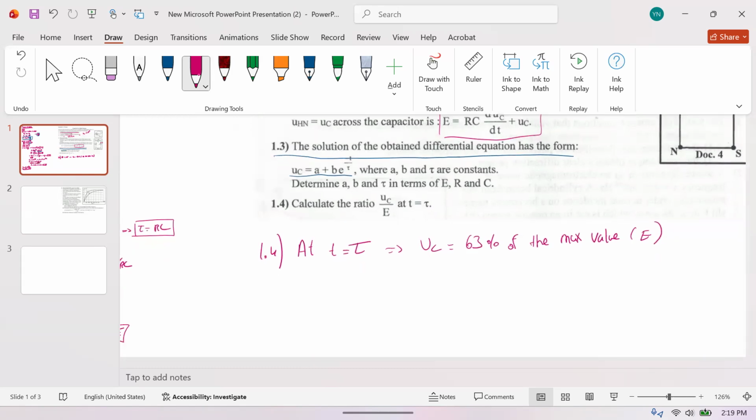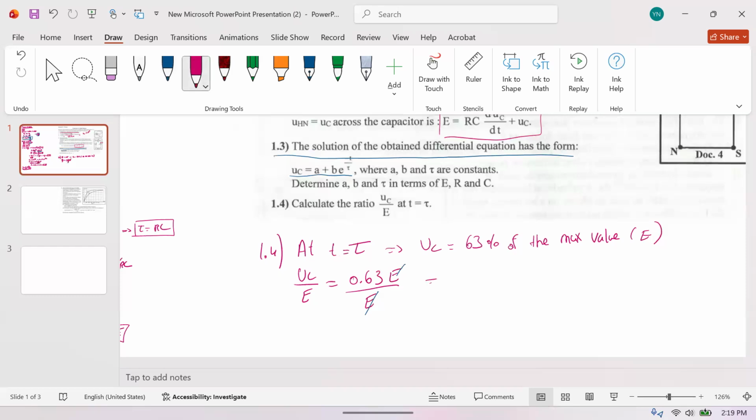So I write the ratio they're talking about, and I simply replace UC with the value that I know it should be, which is 63% or 0.63 E over E, which is a specific value that cannot be changed. It's a constant. It's not changing. Now, since we have E over E, we can simply remove them.